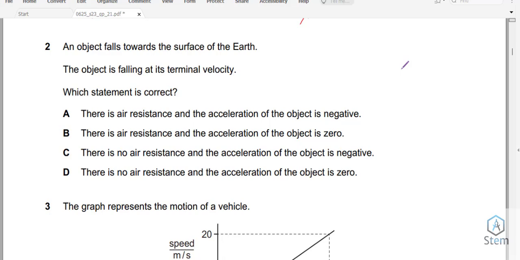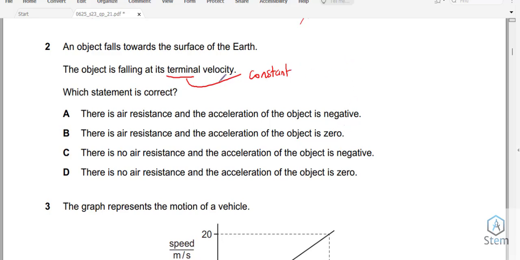Number 2 says, an object falls towards the surface of the earth. The object is falling at its terminal velocity. Terminal velocity is a constant velocity. Which statement is correct? All right.